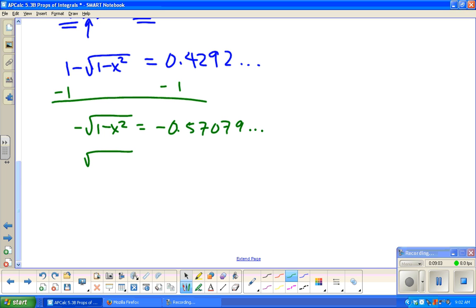Divide both sides by the negative. Well, it doesn't really matter, we're going to square both sides anyway, but I'm going to go ahead and write it. So I divided both sides by a negative. Now I have to square both sides to get rid of the square root. So 1 minus x squared equals 0.32.